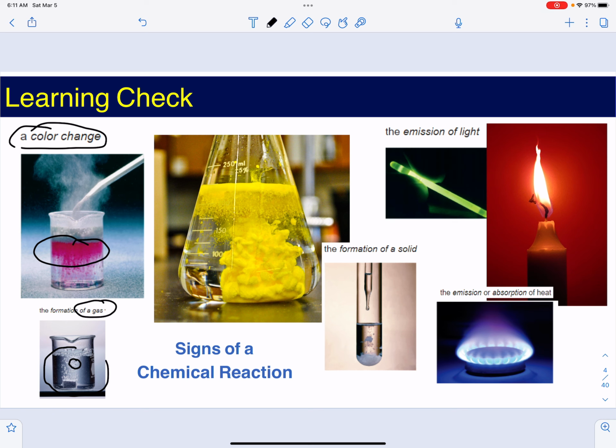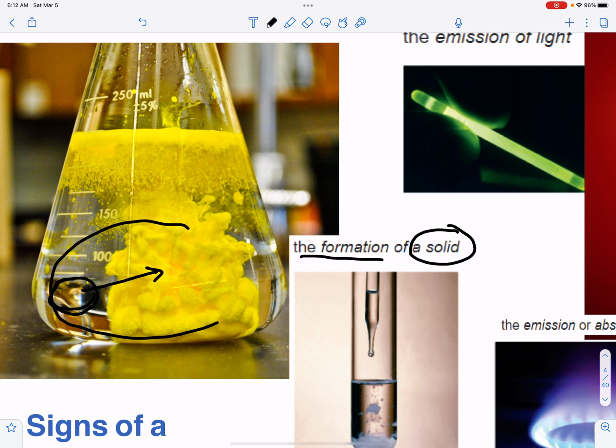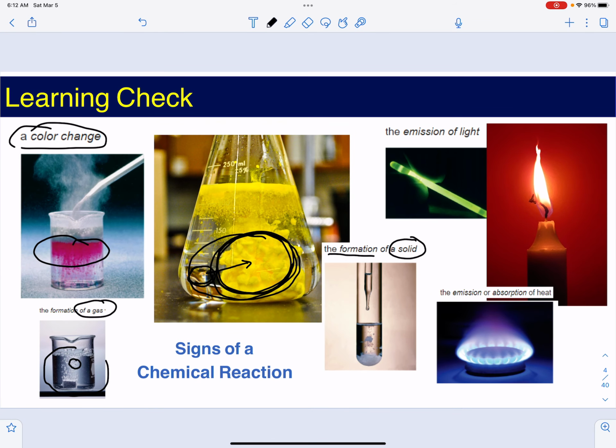We're gonna see precipitations, or formation of solids, which are gonna be the mixture of two homogeneous solutions creating a heterogeneous solution. So all this that you see here is like a powder that will eventually settle to the bottom like a solid, which is the same thing you're seeing here.